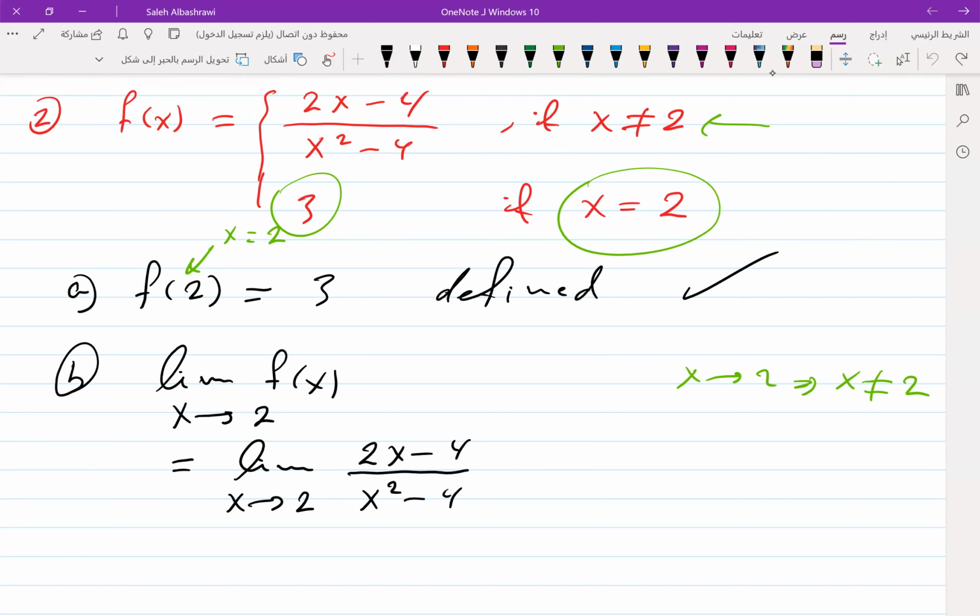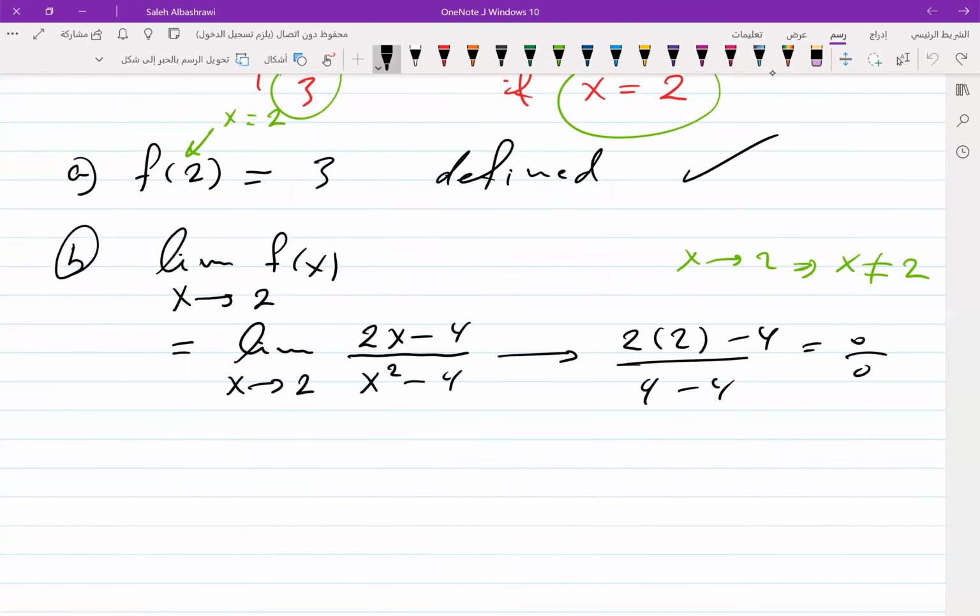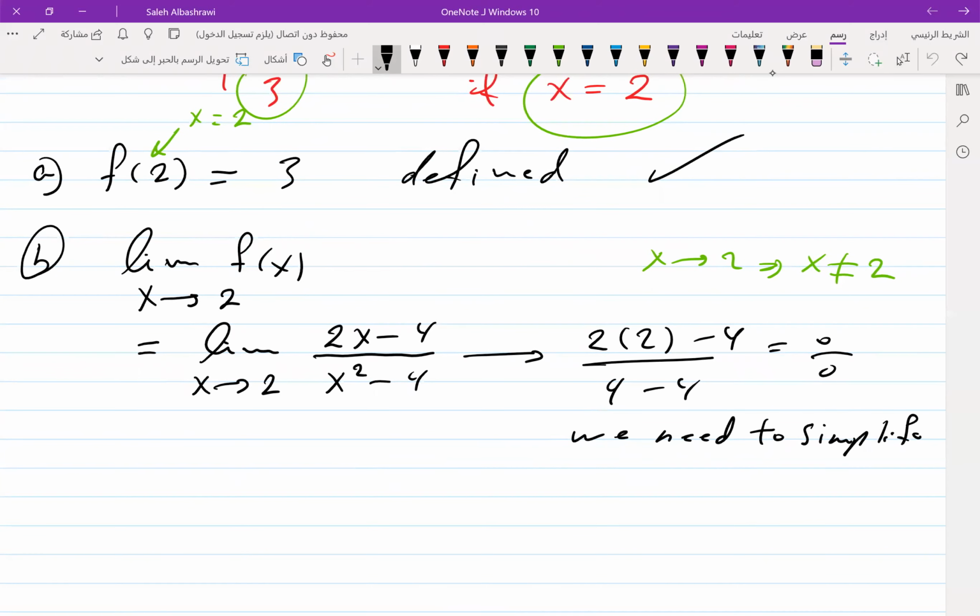This is 2 multiplied by 2 minus 4 divided by 4 minus 4, which is equal to 0 over 0, which means I have to simplify to find the limit. Let's simplify this function.